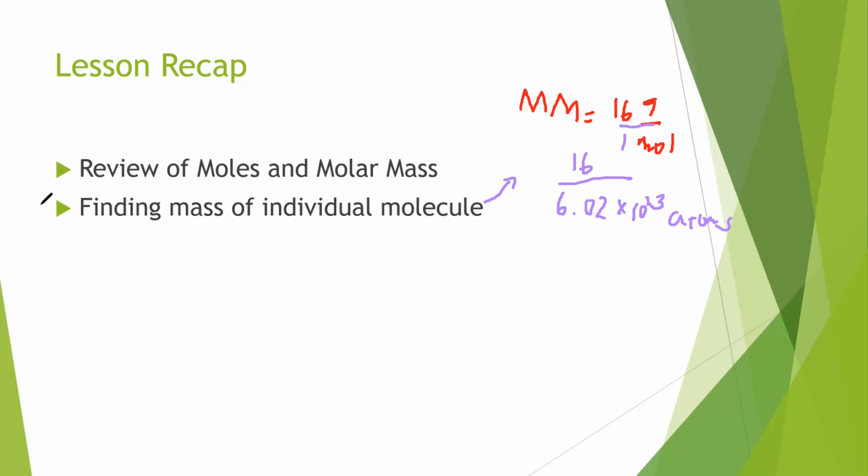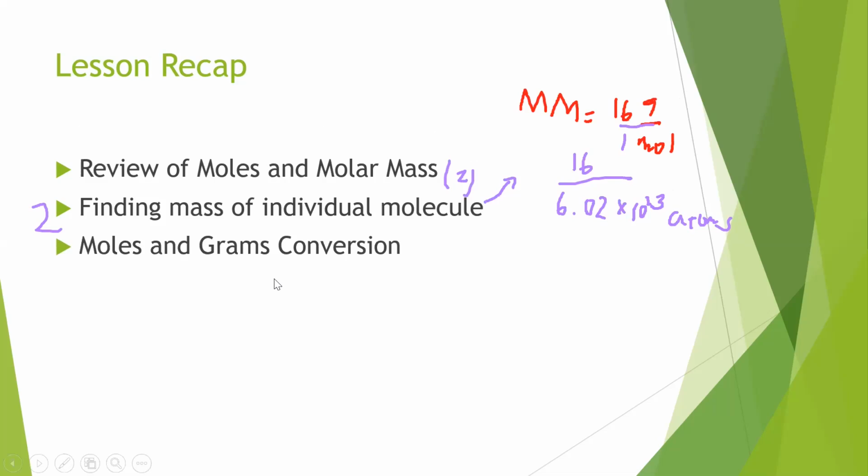So for homework, there's 2 of these questions. There's 2 molar mass questions. And then the last one, moles and gram conversion, there's going to be 2 of these as well. And they're going to be the exact same way as we've done it in class. I give you grams, and I want you to get grams to moles.